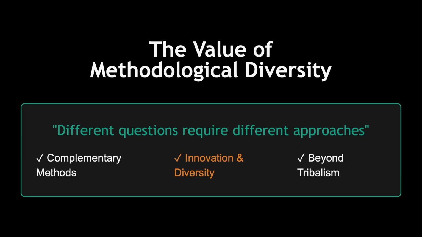Most importantly, we must move beyond methodological tribalism, the unproductive debates about whether qualitative or quantitative methods are better, and instead focus on selecting the right tool for each specific research question. The most impactful research today often comes from scholars who can skillfully navigate multiple methodological traditions, choosing and combining approaches based on what will best answer their research questions, rather than adhering rigidly to disciplinary conventions.